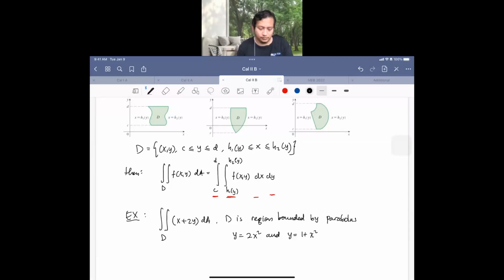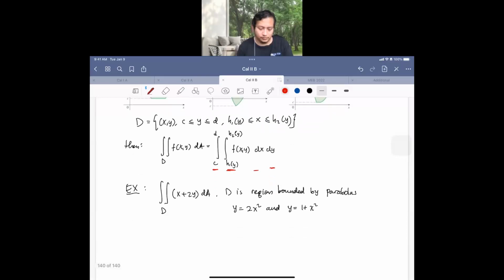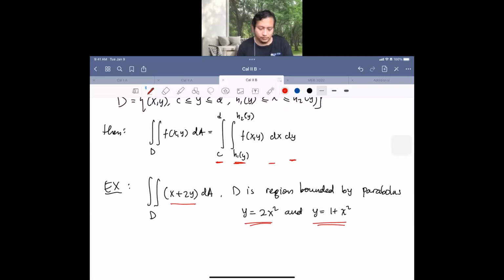Now the procedure. We have this region, right? How to evaluate this double integral? Now, this part here is the function, but it's not really necessary to draw this part, because from what we have discussed, the important part is to draw D, the area, the region.